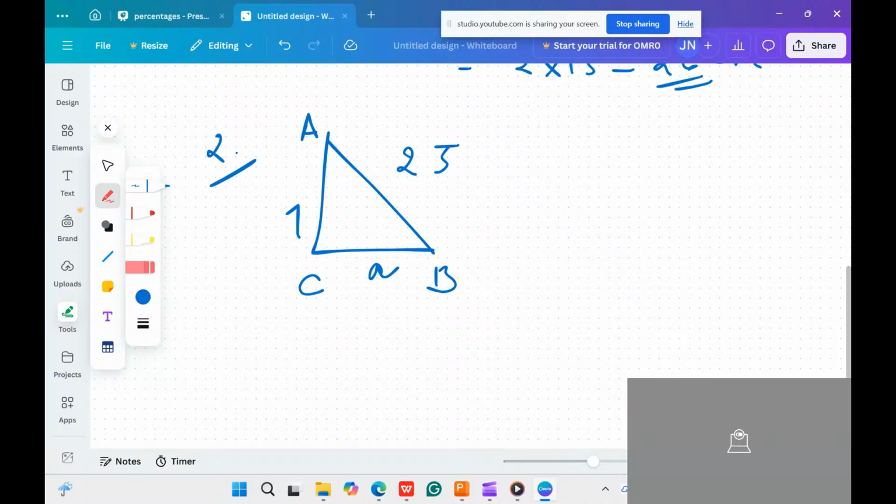All right, very good. So it will be 625 minus 49, which is equal to 586. Now find out the square root of 586.